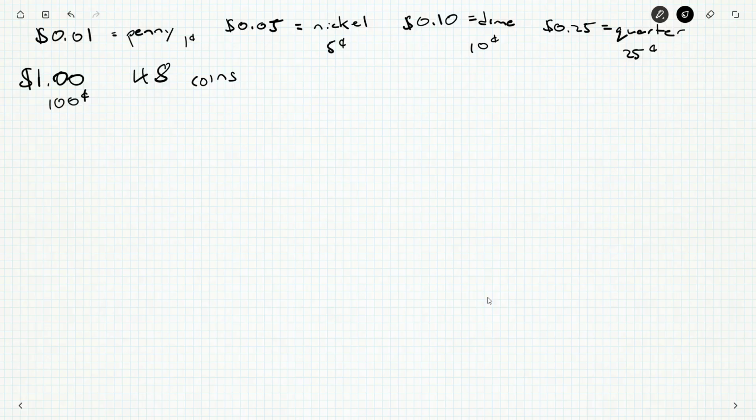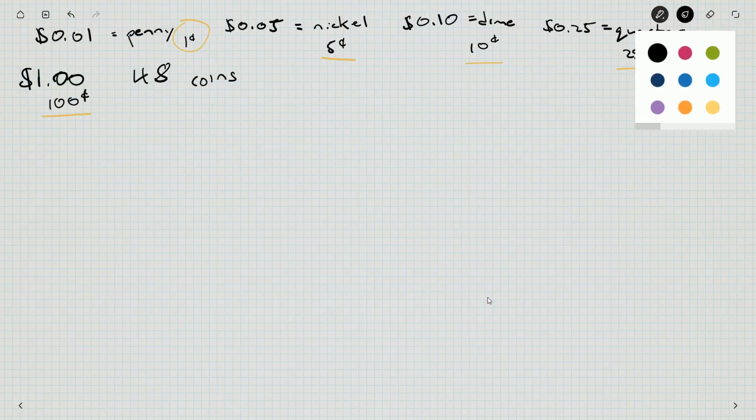It's a little easier to notice this because you don't often think of multiples when you're thinking with decimals. But notice that 3 of the coins and the total that we want are multiples of 5. Only the penny is not a multiple of 5.